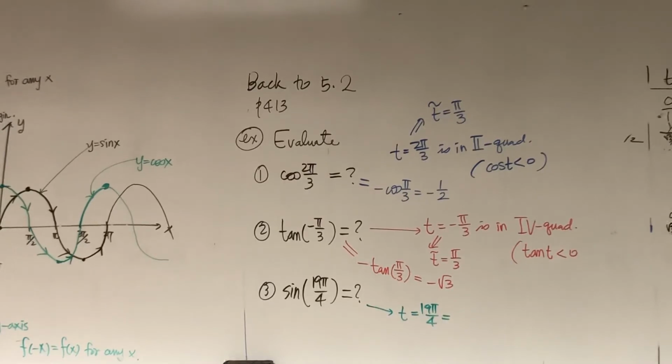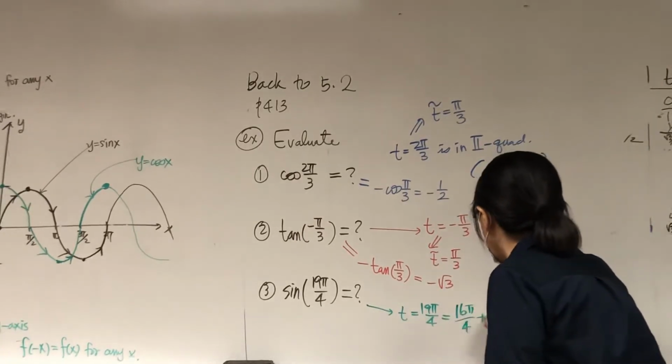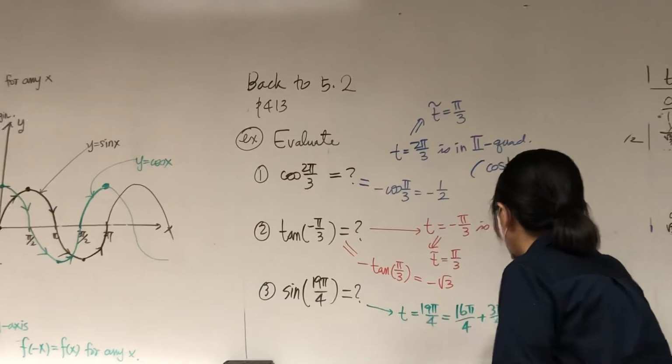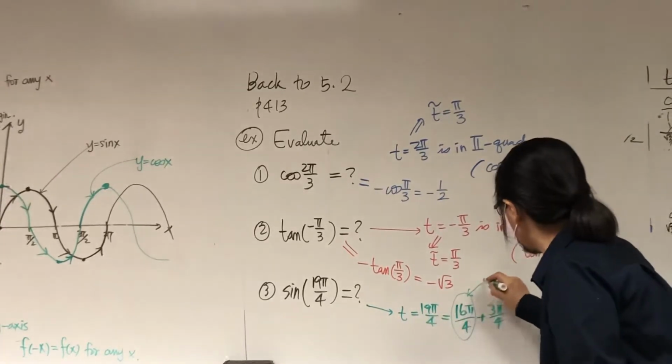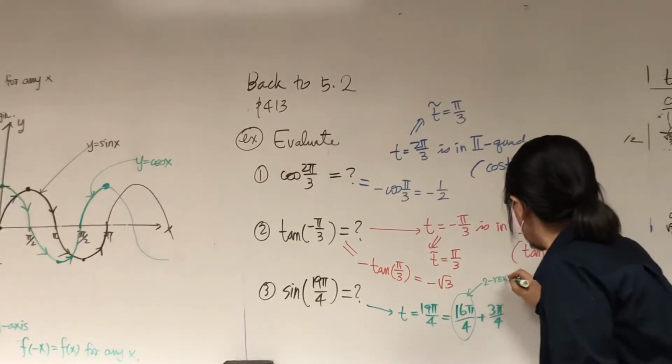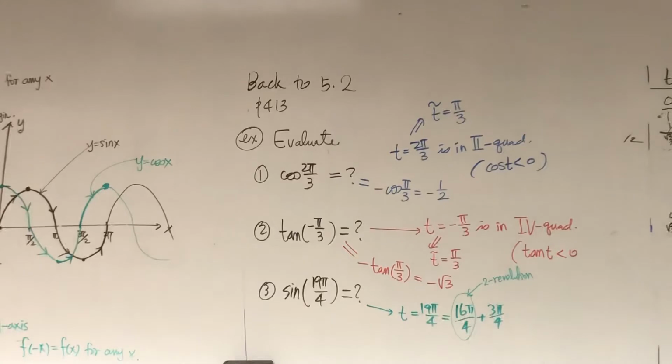One revolution is 8 pi over 4. Two revolutions is 16 pi over 4. So this is after 2 revolutions. Am I right? Yes? Okay.